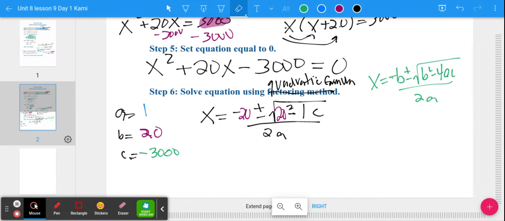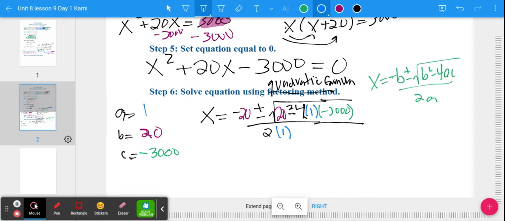So I'm going to erase the a and write 1, and I'll erase the c and put negative 3,000. Just extend the line there. And in the denominator, we have 2a. I'll erase the a, and I'll make it a 1.